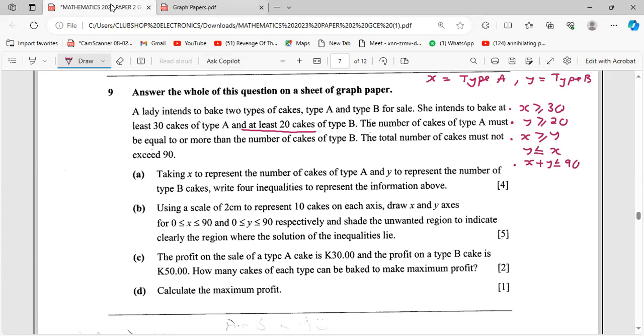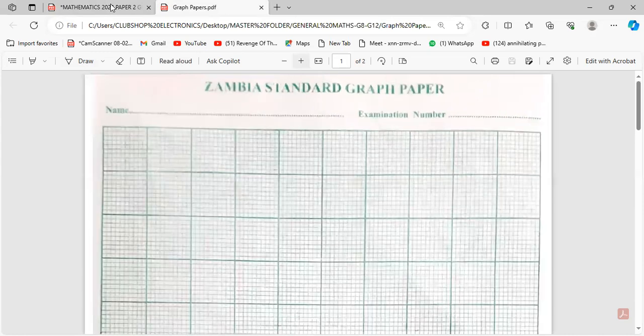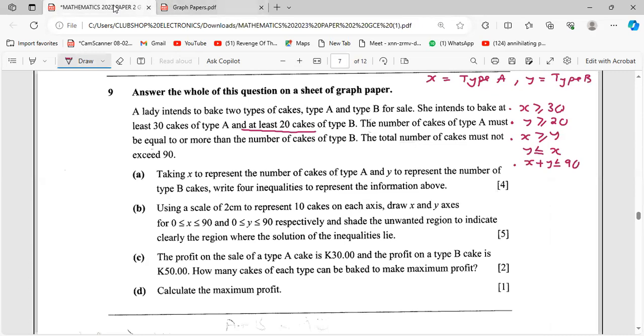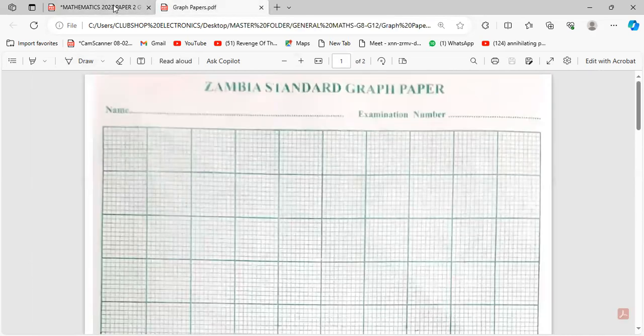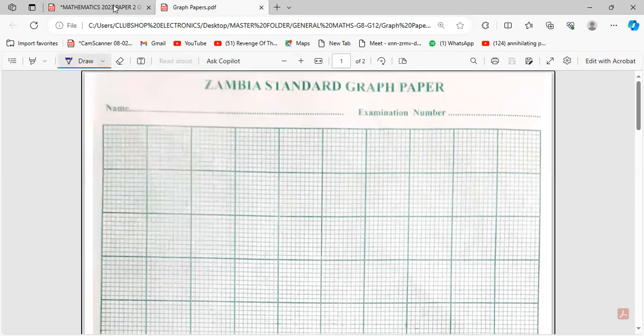In an exam, you're supposed to write them down for part A. The first one is X greater or equal to 30.